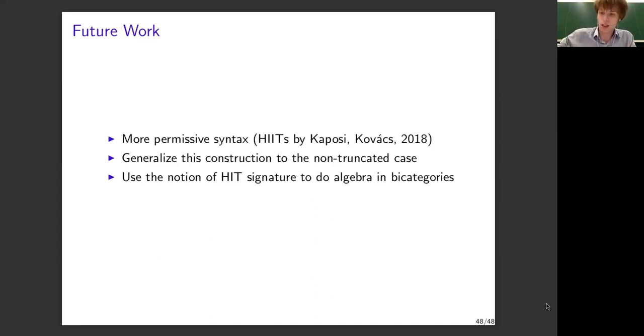So I think a possible solution there might be some kind of almost infinity category. I don't have a name for that, but what it would be is, like an infinity category, you have objects, morphisms, two cells, and so on.